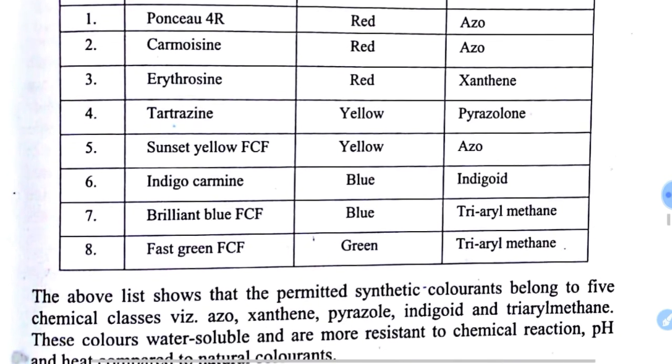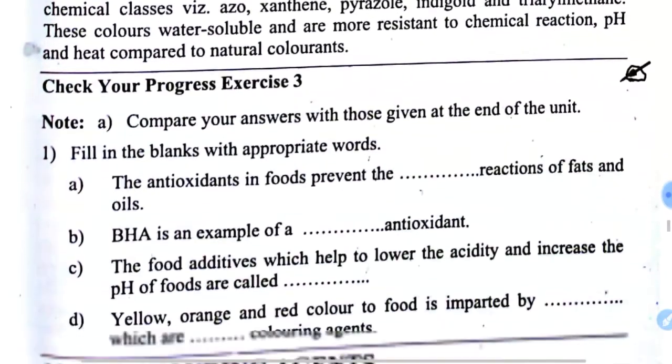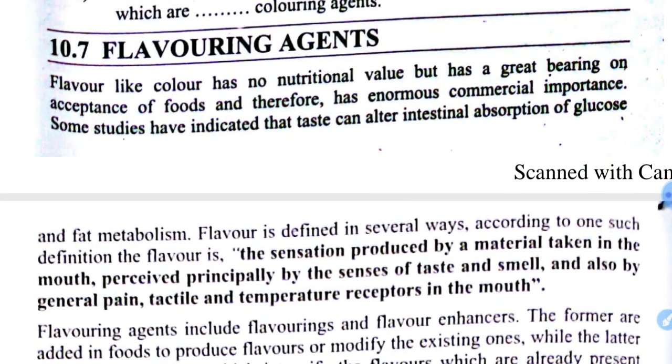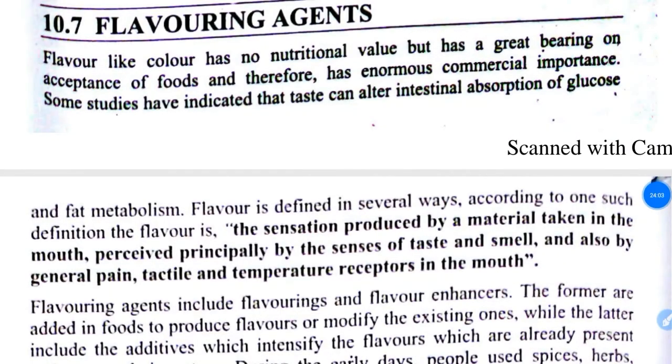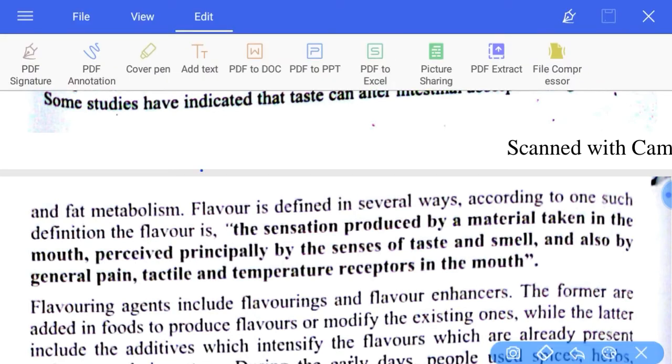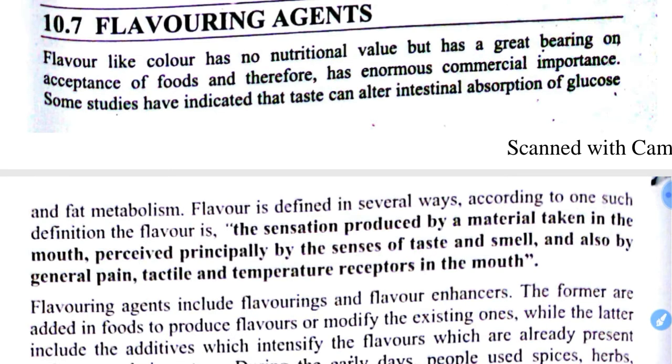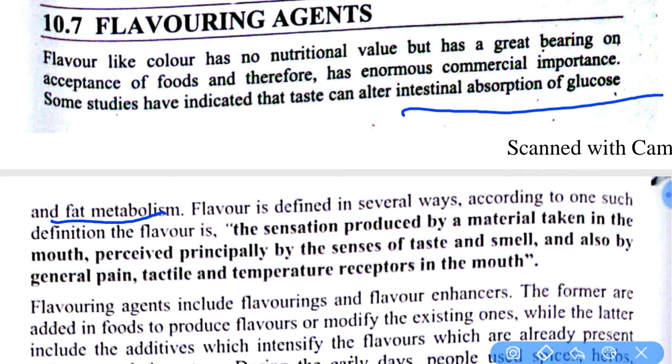Then we can see flavoring agents. Okay, like food colorants, flavoring agents also do not have any nutritional value after addition, but they have a great impact on acceptability. Acceptability. And it also helps in intestinal absorption of glucose and fat metabolism, as informed in some studies.